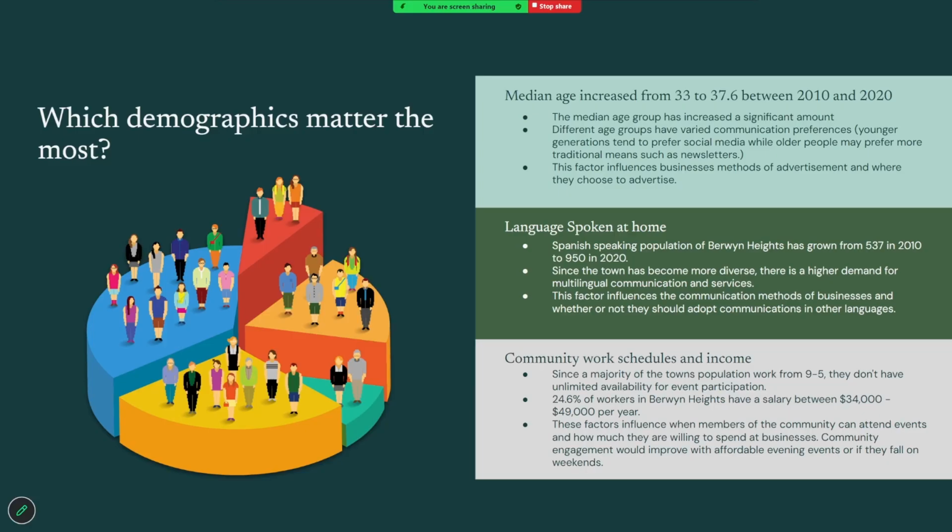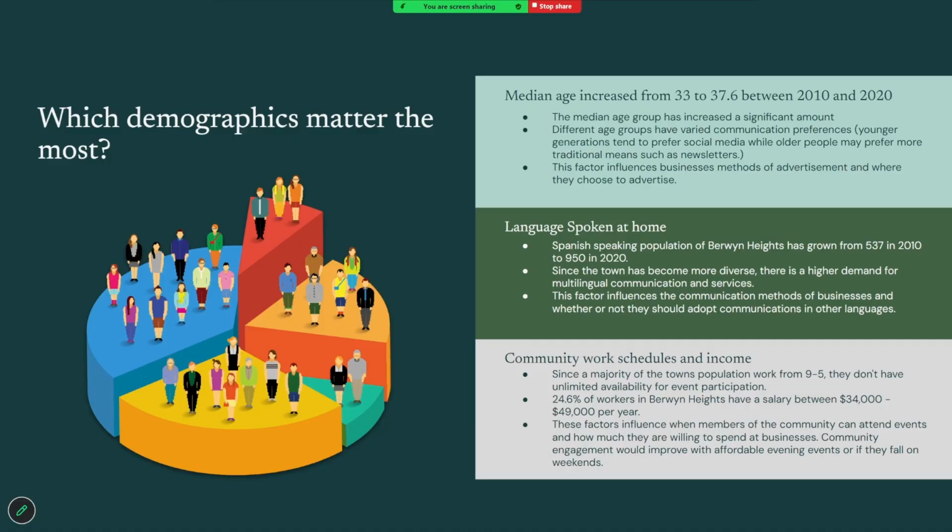These are factors influencing business methods of advertisement and where they choose to advertise. Languages spoken at home: the Spanish-speaking population for Berwyn Heights has grown from 537 in 2010 to 950 in 2020, which is almost a 100% increase.